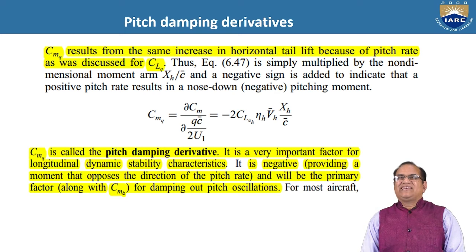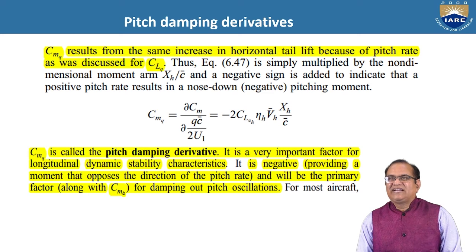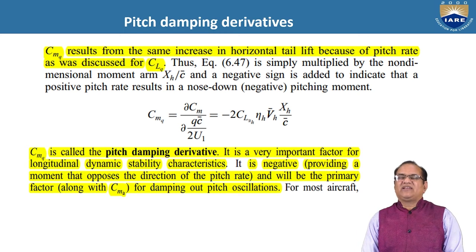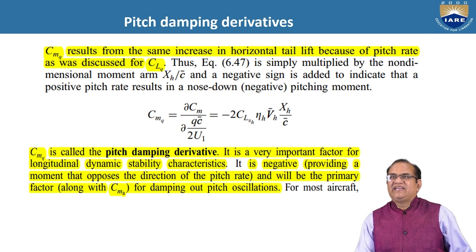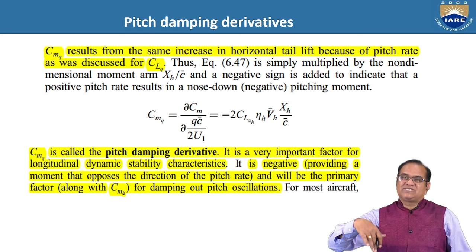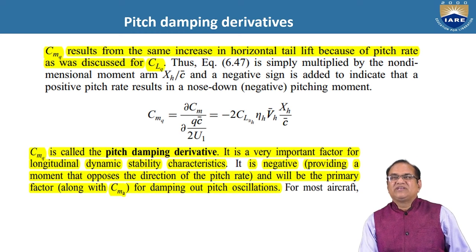CMQ results from the same increase in horizontal tail lift because of pitch rate as was discussed for CLQ. So this is simply multiplied by the non-dimensional moment arm XH by C bar, and a negative sign is added to indicate that a positive pitch rate results in a nose down negative pitching moment. So if the nose down is there, a negative sign will be there.